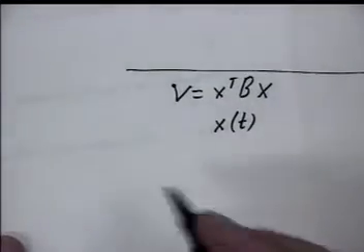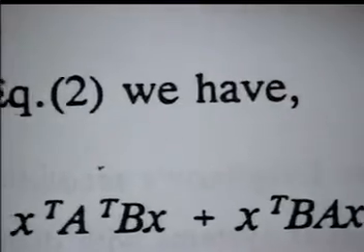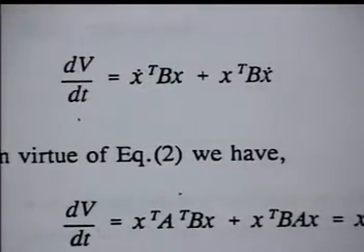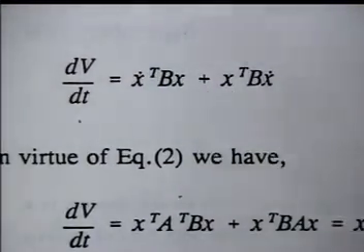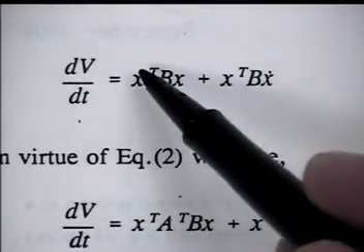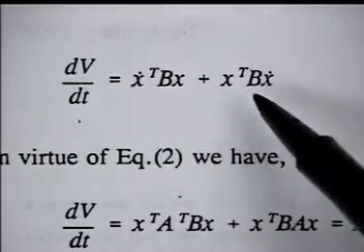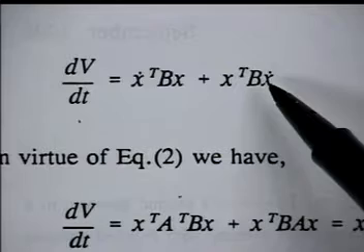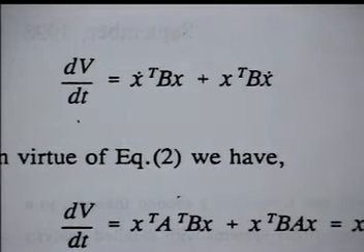So, when I differentiate with respect to time, first I differentiate x transpose dot Bx plus x transpose B x dot. We differentiate it as a product.